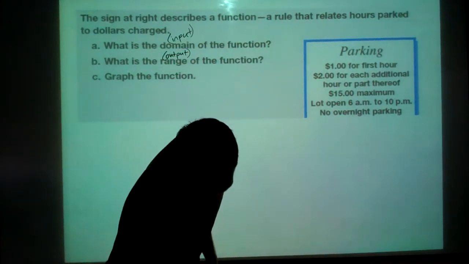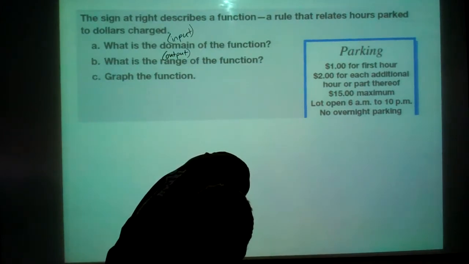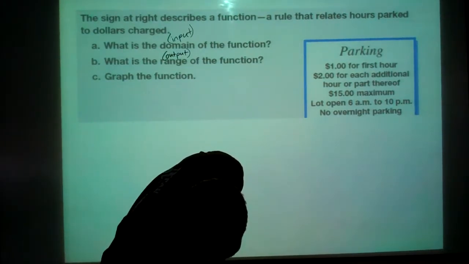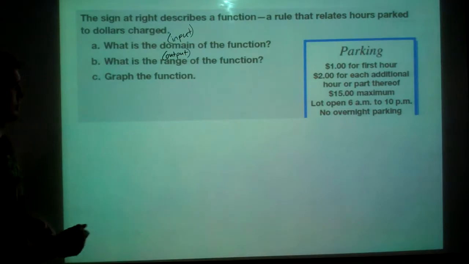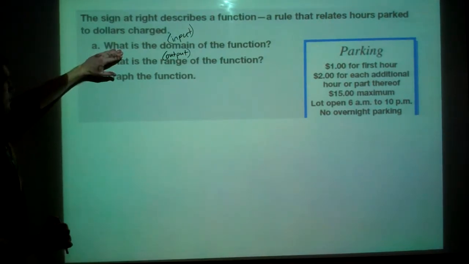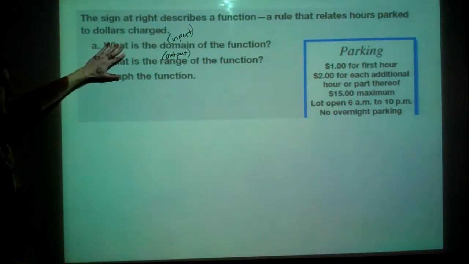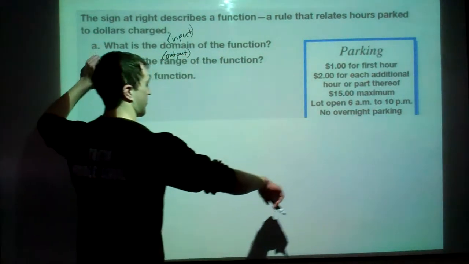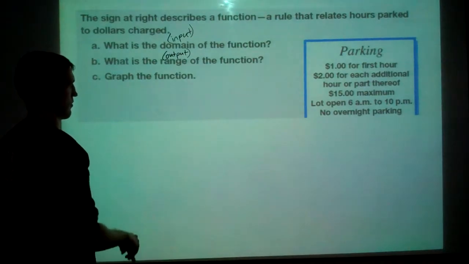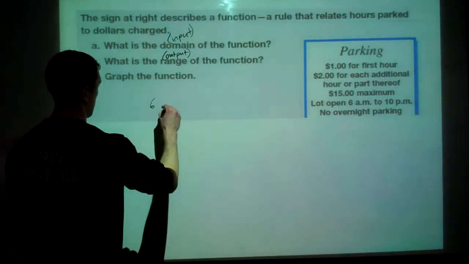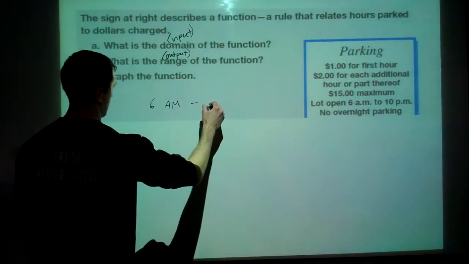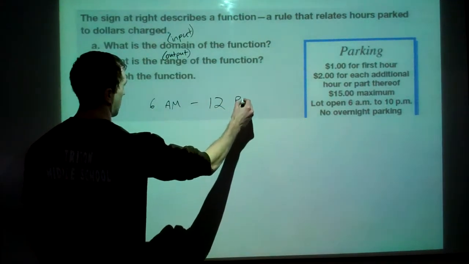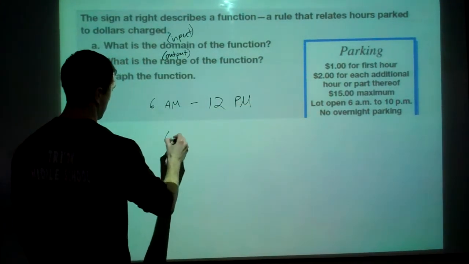And we want to look and see. Okay, 6 to 10 then. So our input then is our hours, we said. So we want to look from 6 to 10, how many hours is there from 6 to 10? Well, from 6 a.m. to 12 p.m. there are 6 hours.